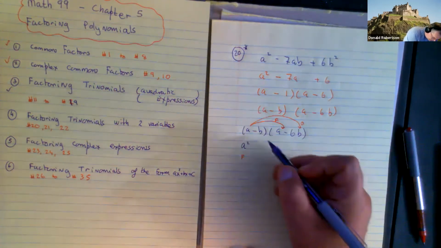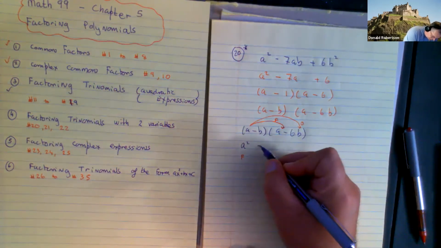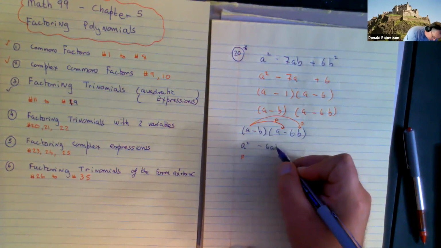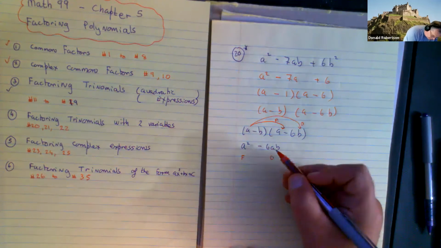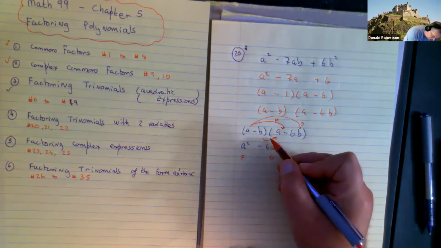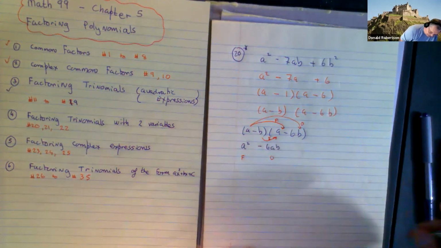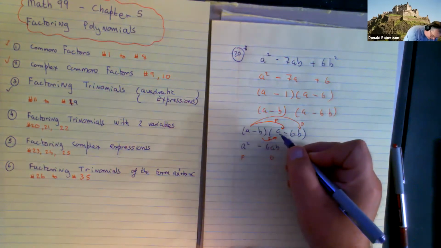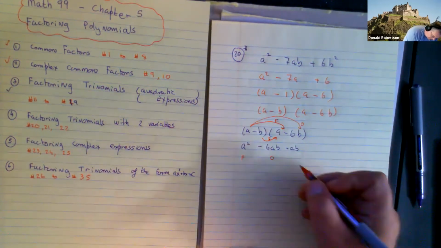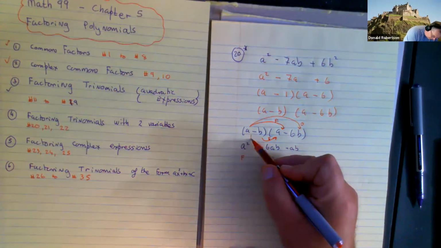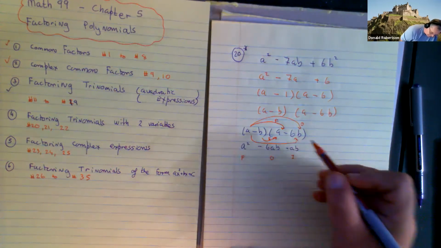That's going to be a times negative 6b, which is negative 6ab. So here's your O. Going to do the inside now. Negative b times a is negative ab. Call that I. And then we do the last ones, these two.